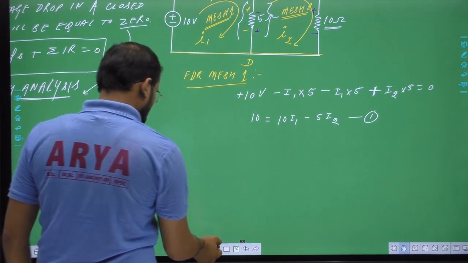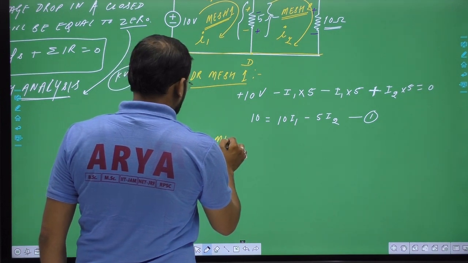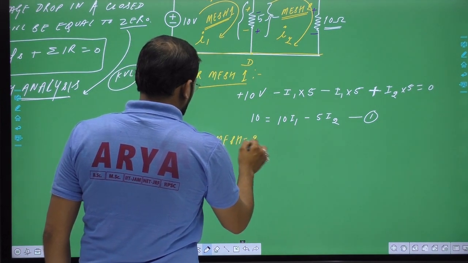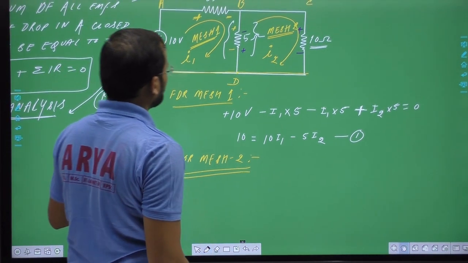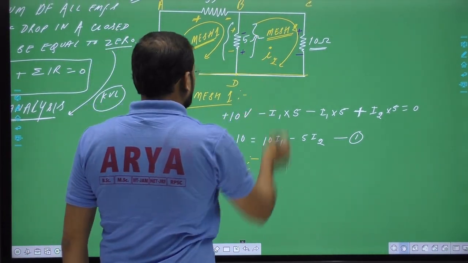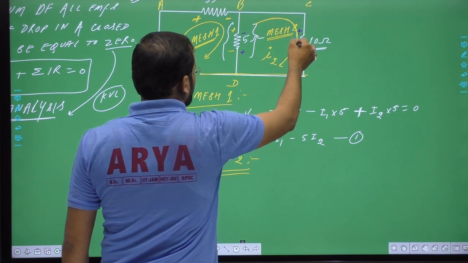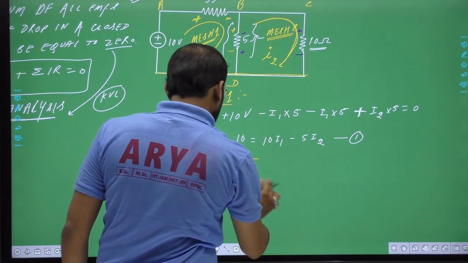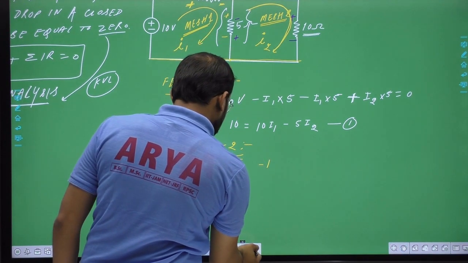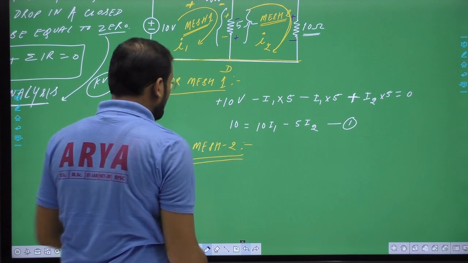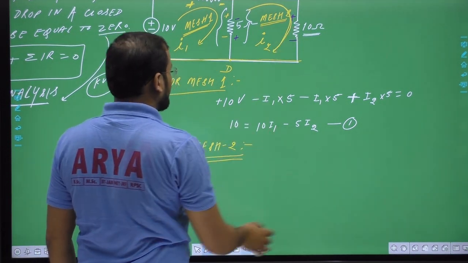For mesh 2, as we are moving here, we are leaving with this negative sign. We will always take the leaving sign. You can also take the entering sign.